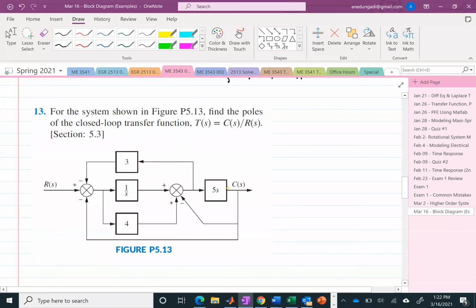Okay, so parallel is correct. So one is parallel, right? So that is parallel, correct?